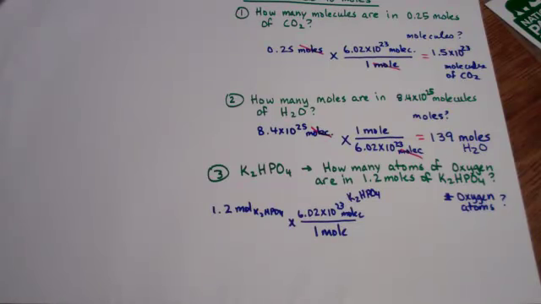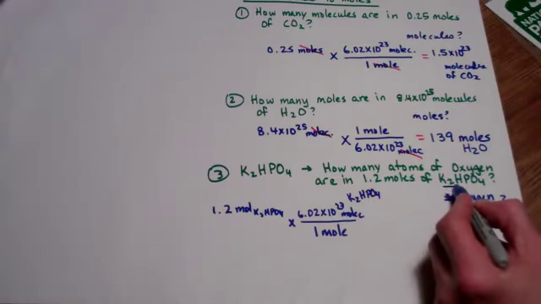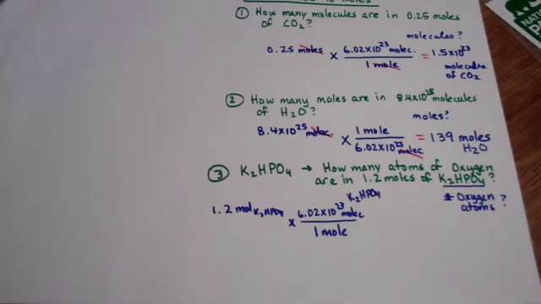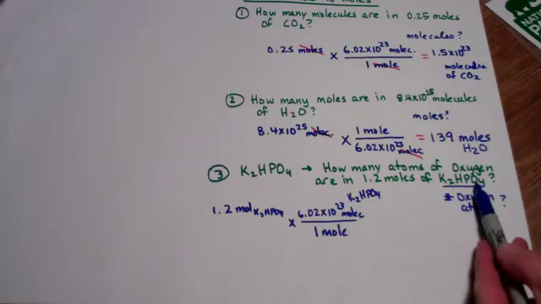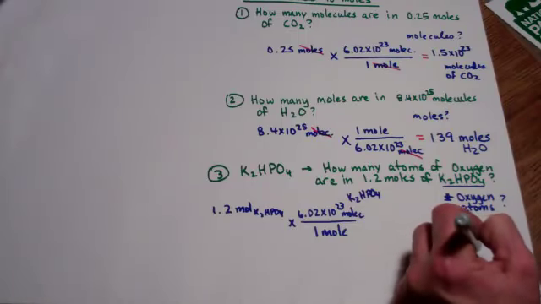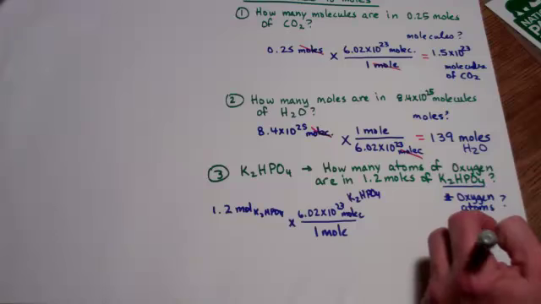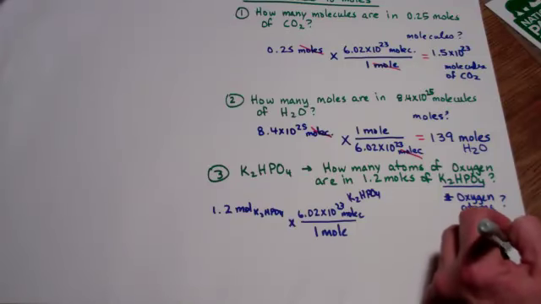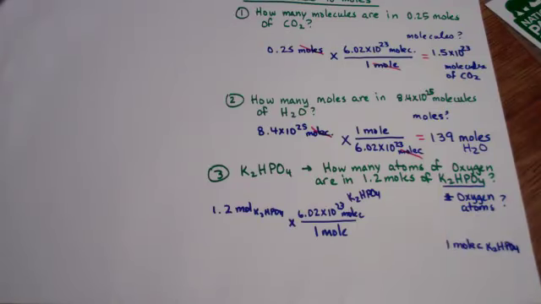We need one more conversion factor to help us get all the way to oxygen atoms. So in that, we're going to learn from our equation that's up here in the top. We know for every one molecule of K2HPO4, how many oxygen atoms are there going to be in there?